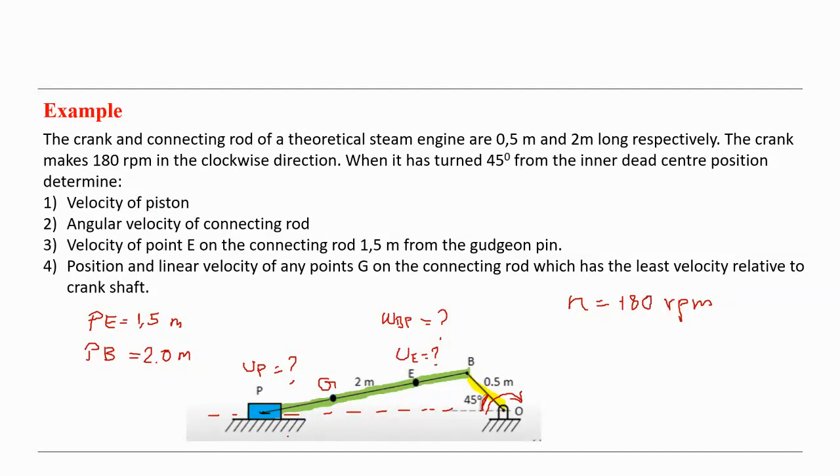Okay, so let's start from the first one, the velocity of the piston. You can easily estimate that the velocity of the crank is not a big problem. So first of all we have to calculate the velocity of the crank. Why?